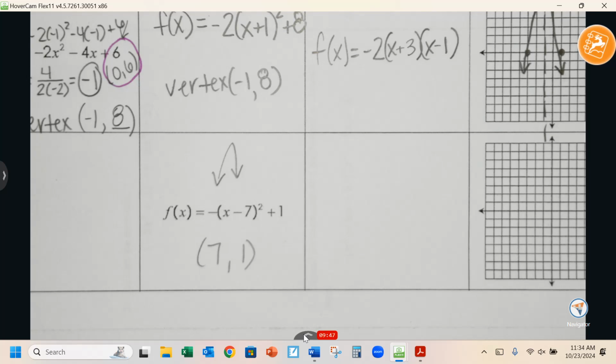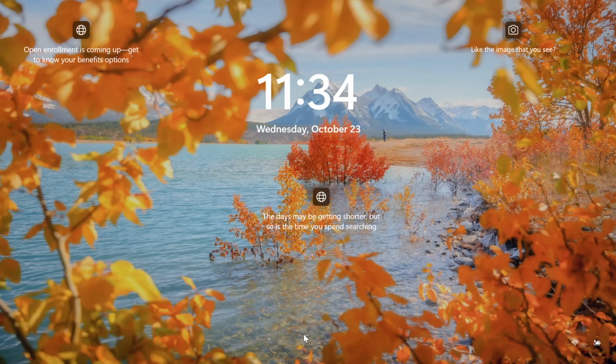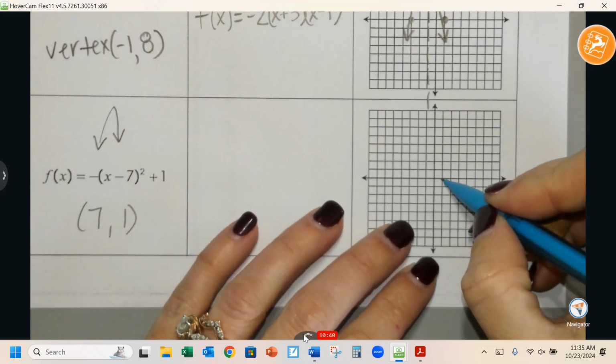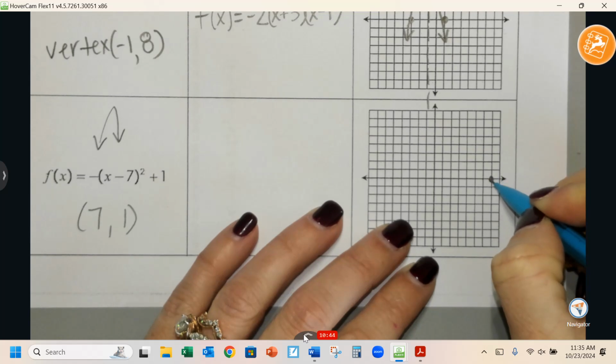Right? Oh, that vertex is way over here, huh?